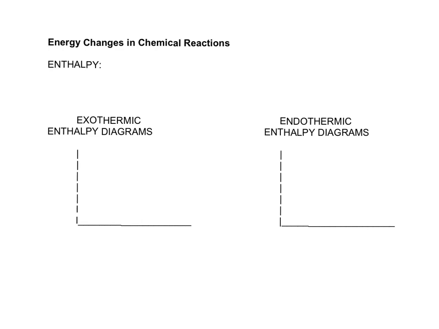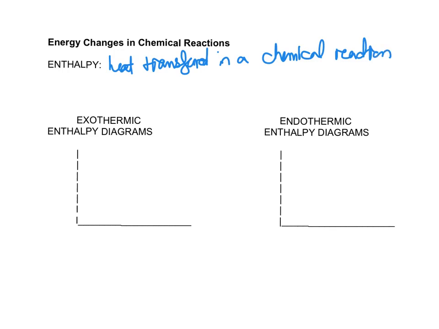So let's first define enthalpy here. It is the heat transferred in a chemical reaction. The symbol for enthalpy is delta H. The symbol for heat is lowercase q.